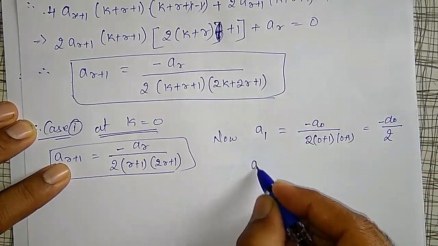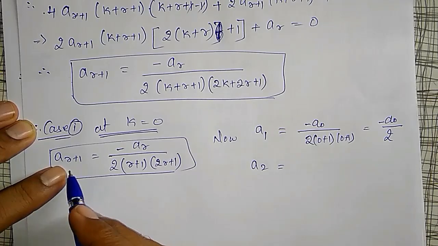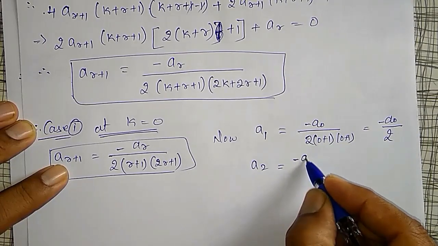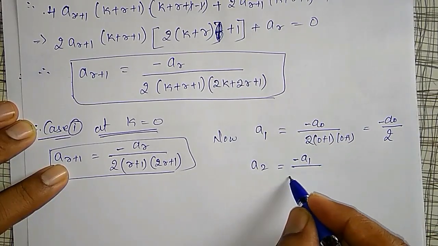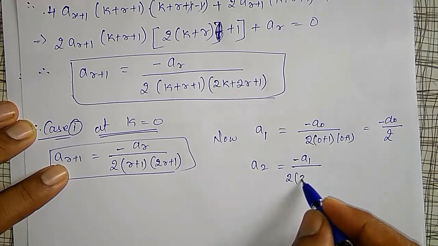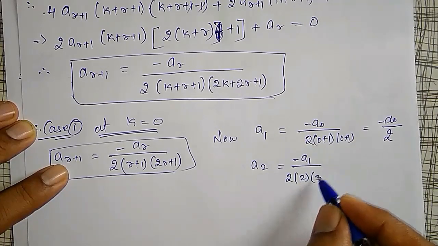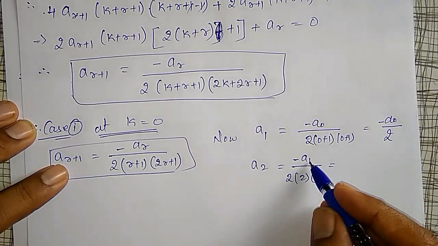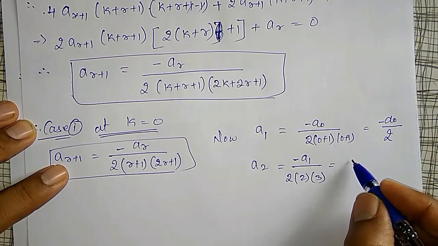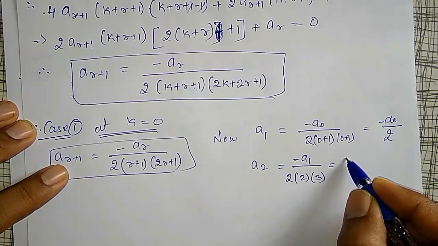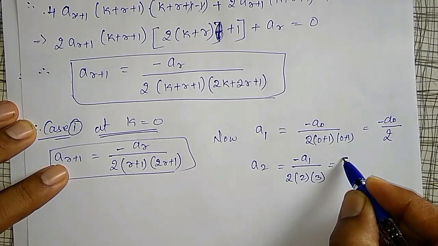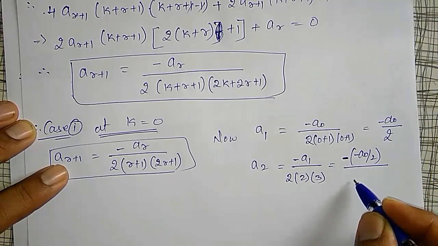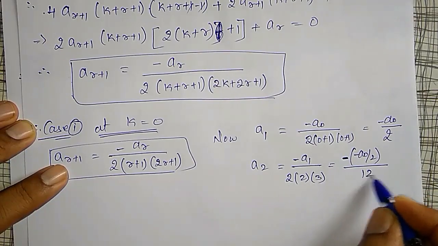So a1 is equal to minus a0 divided by 2. Like that, to find a2, put r equal to 1 in this. You will get minus a1 divided by 2 times (2) into (3), which is equal to minus of minus a0 divided by 2, whole divided by 12, since a1 is already calculated.